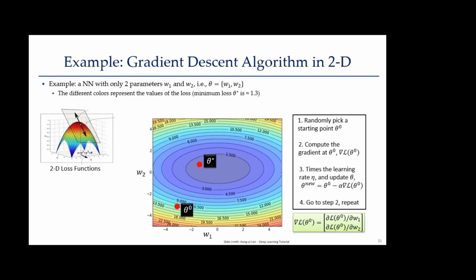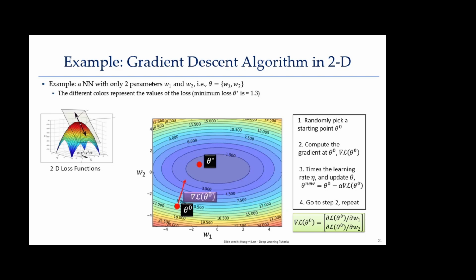This is another example if we are talking about 2D. In 2D, the situation could be difficult because we could have many up hills or down hills, and the algorithm could get stuck more easily. But for this example, let's see how it's going to work. We start at theta 0.